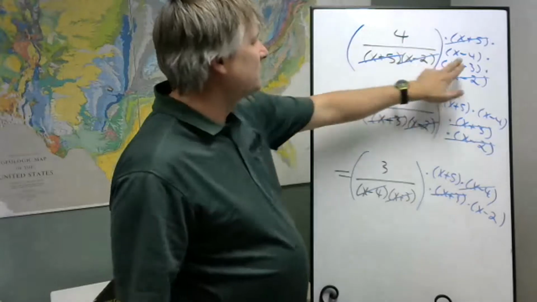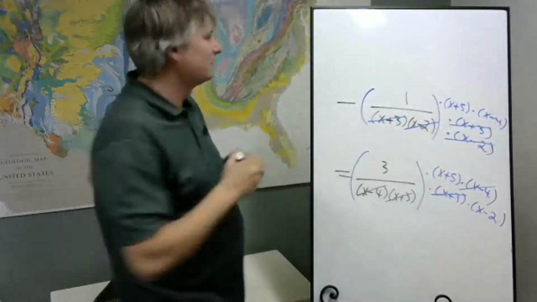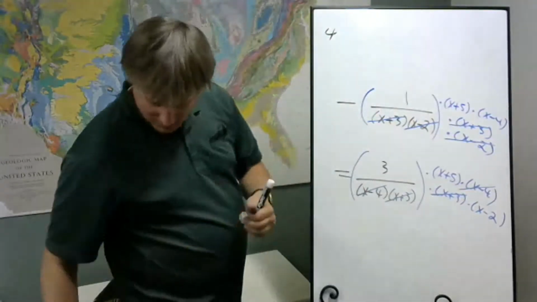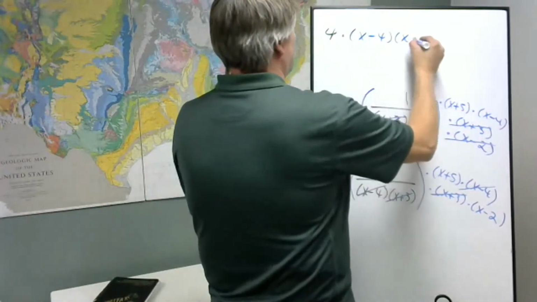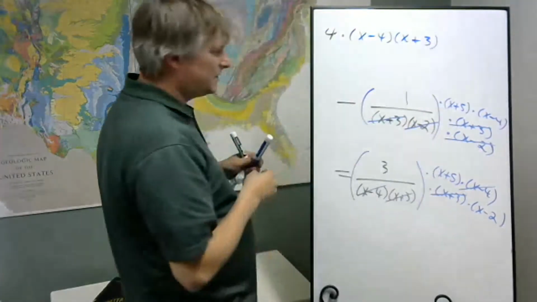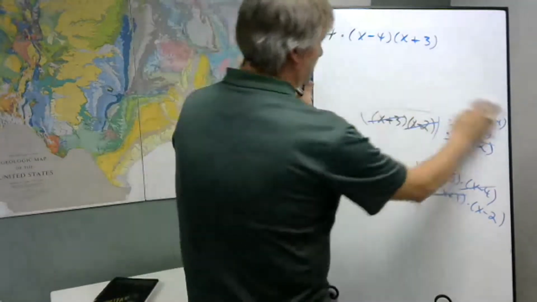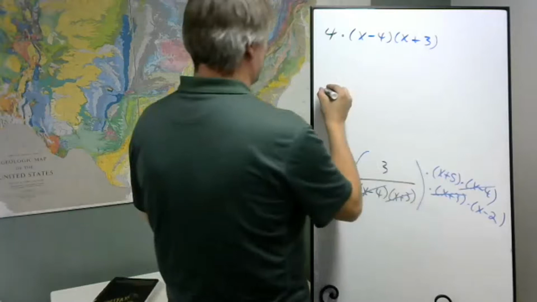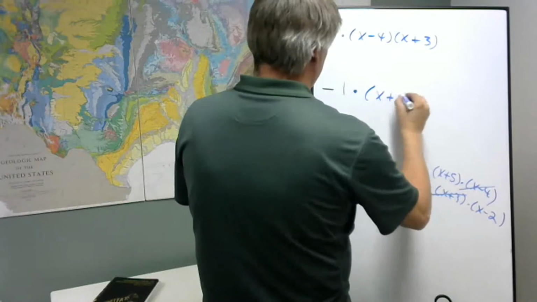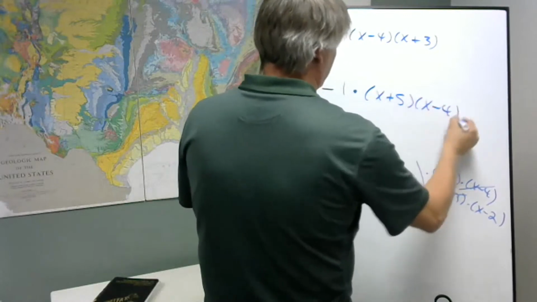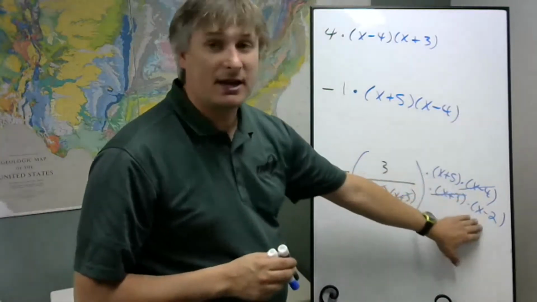We're going to have 4 times x minus 4, x plus 3. In this one, we have the 1, the x plus 5, and the x minus 4. And then finally, we got the 3, the x plus 5, and x minus 2.